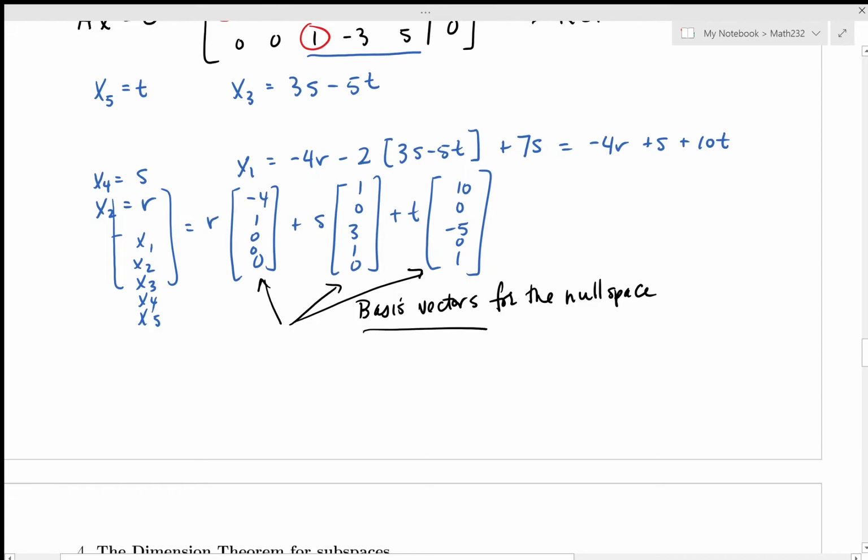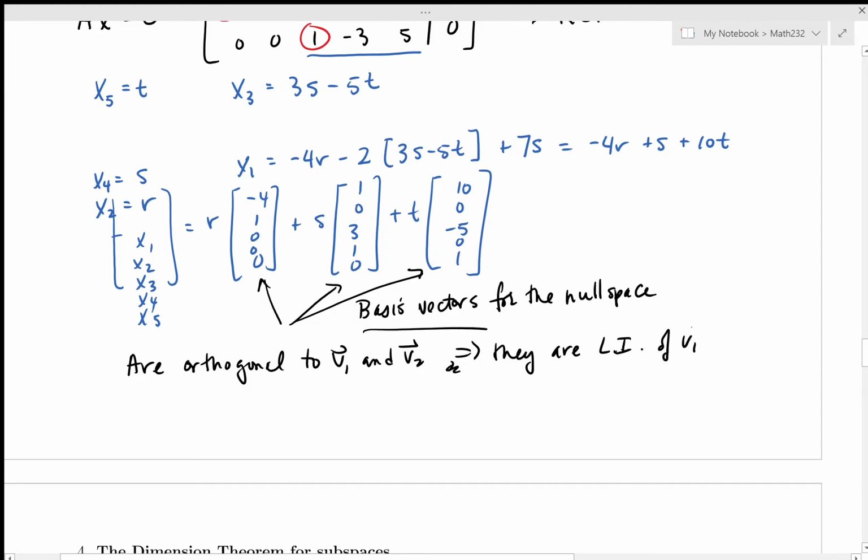These vectors right here are orthogonal to v1 and v2, which means they are linearly independent of v1 and v2.